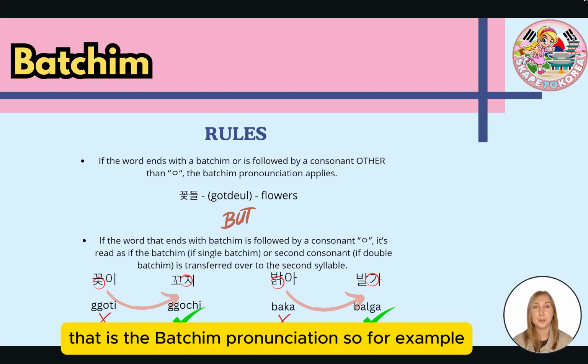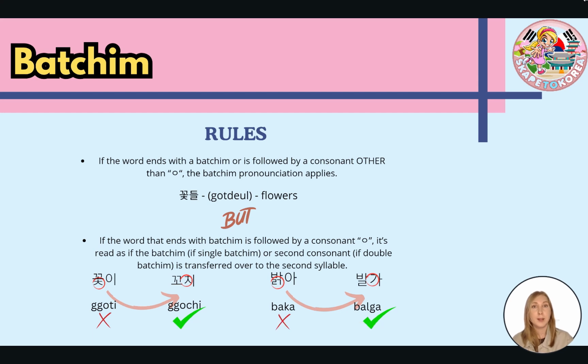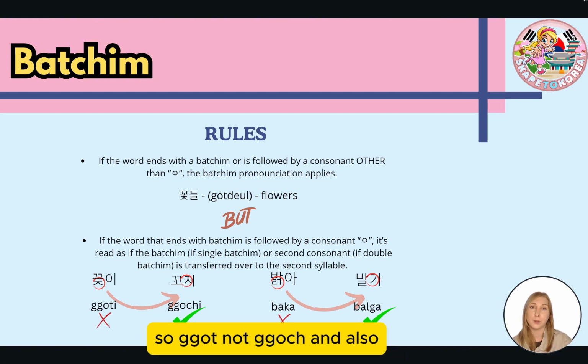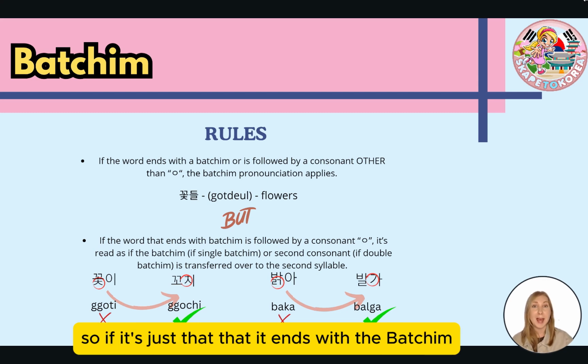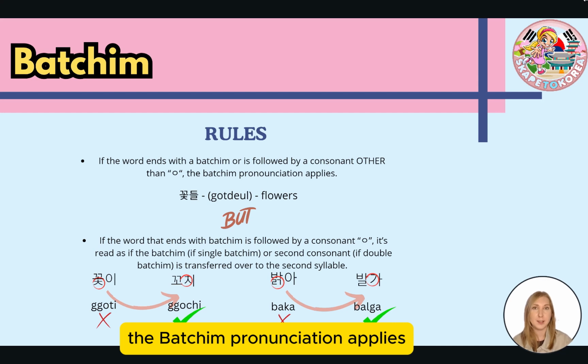That is the Batchim pronunciation. So for example, 곧, on its own, just one flower, is the ch sound is pronounced as the sound. So 곧, not 곧. And also, if it's just that it ends with the Batchim pronunciation applies.